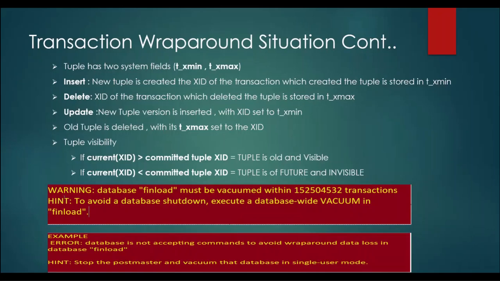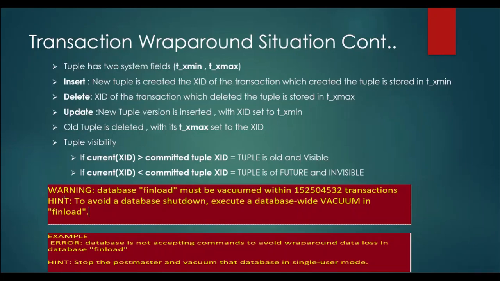You can see our screen now, in the red color. The database, Finland, is the one database that must be vacuumed within these many transactions. It means you are able to connect and perform only these many transactions.